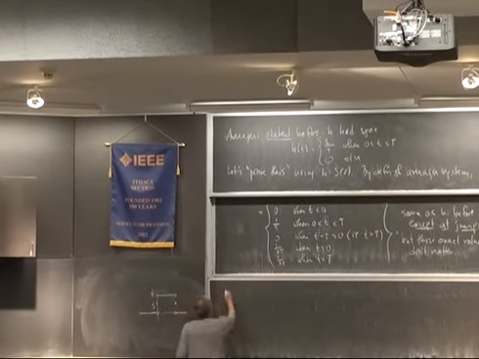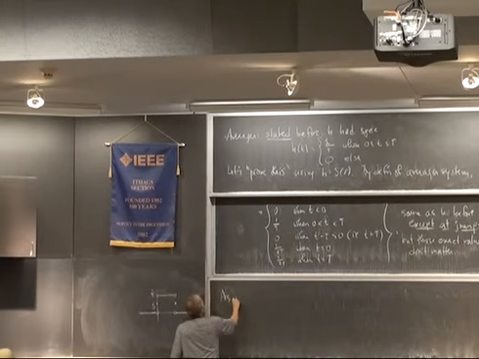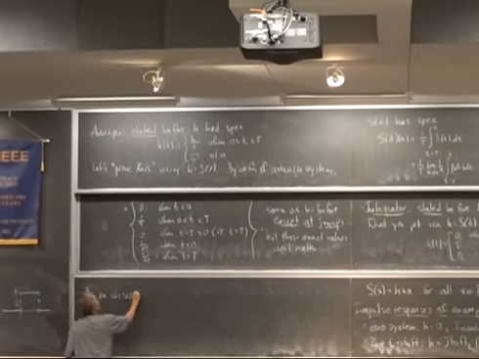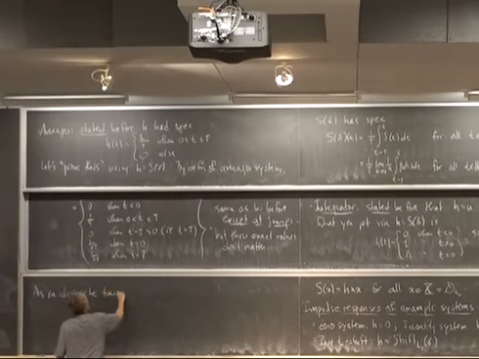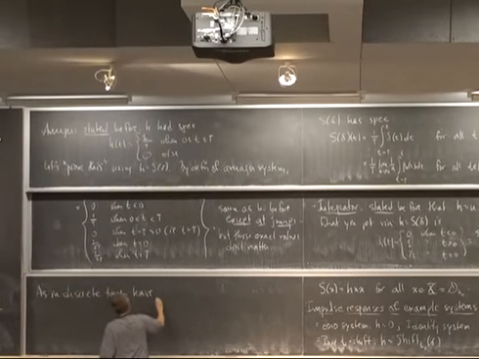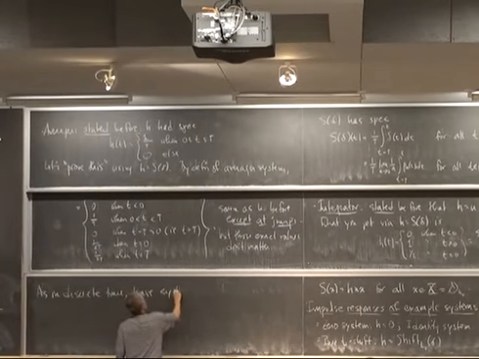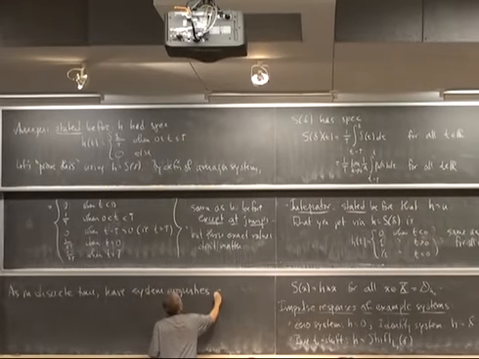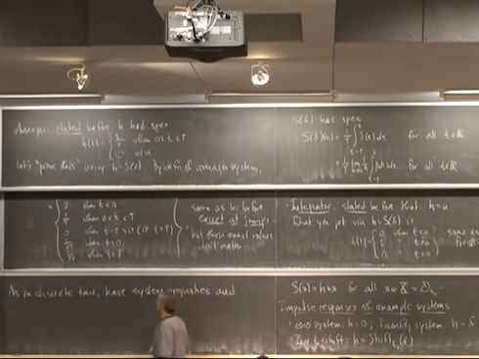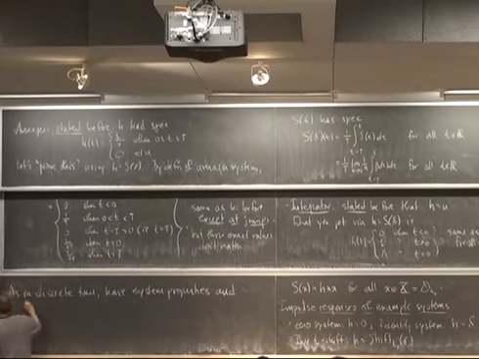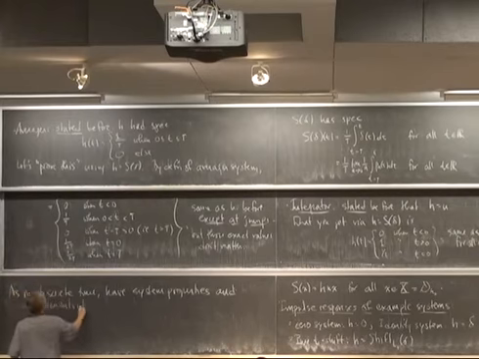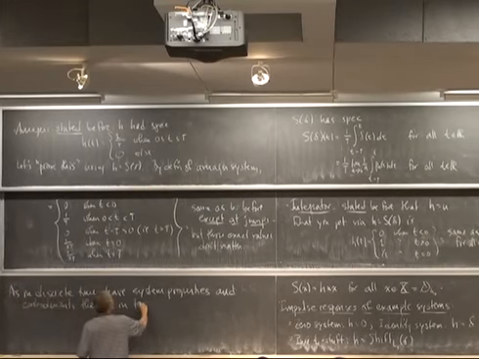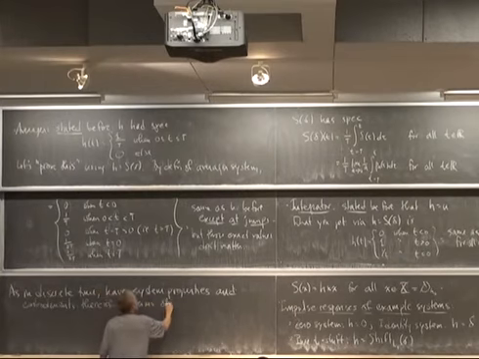Okay. So, as in discrete time, we have some important system properties, and we have corresponding embodiments in terms of the impulse response.